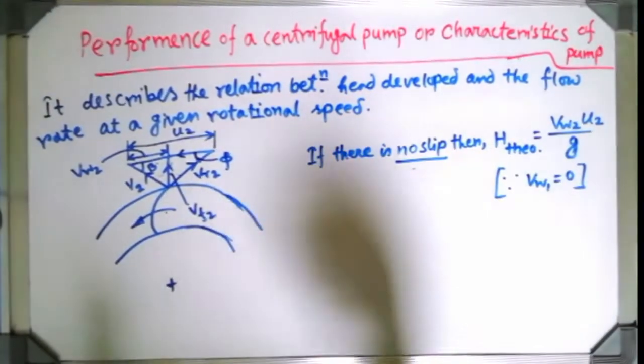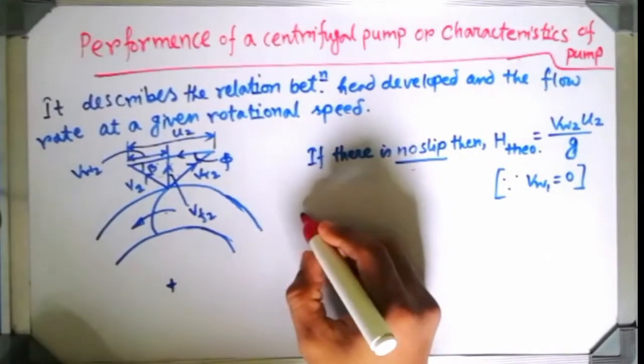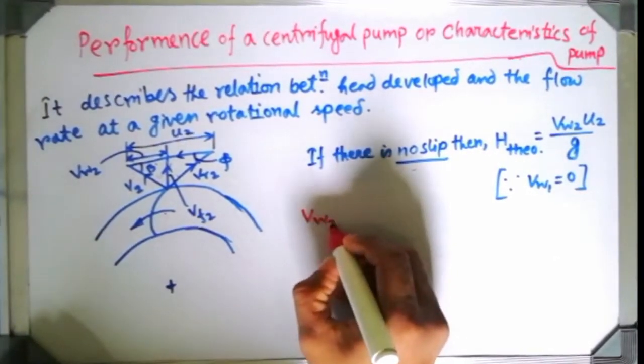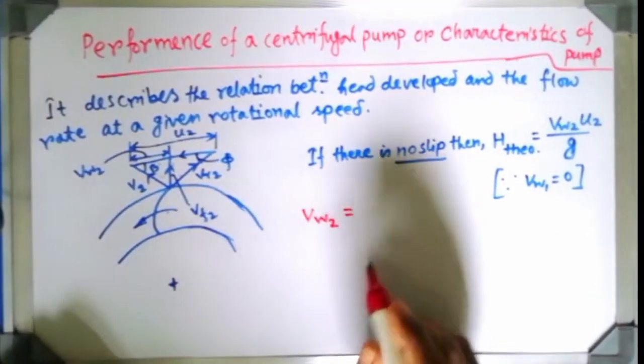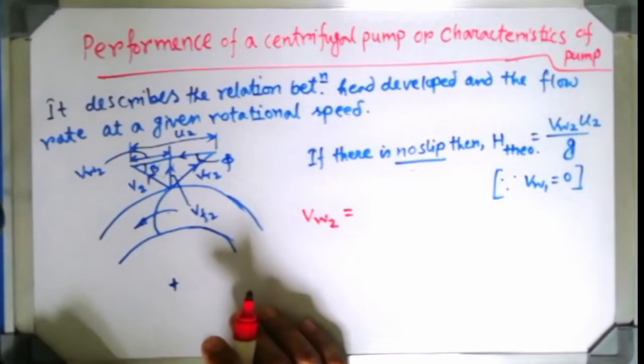Now from there if we move forward, I can write, just using some trigonometrical relationship from this outlet velocity triangle, just check it and tell me if there is any confusion.